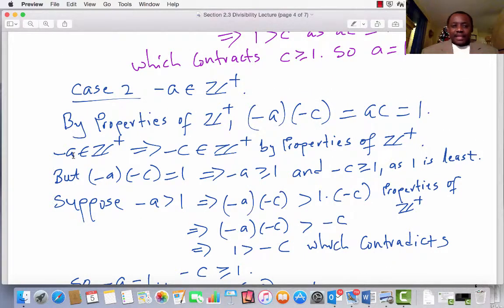Just like in case 1, if negative a is in Z plus and negative a times negative c equals 1, then negative c would have to be in Z plus also.